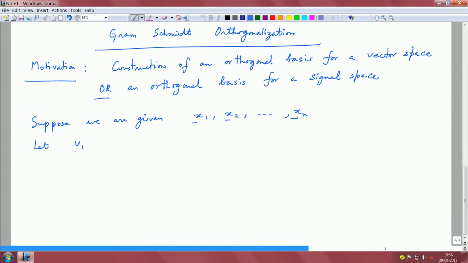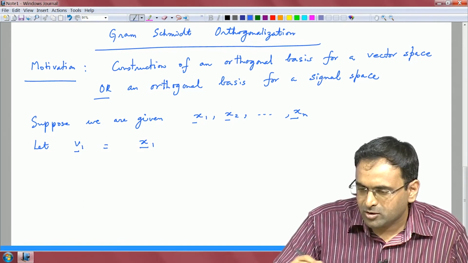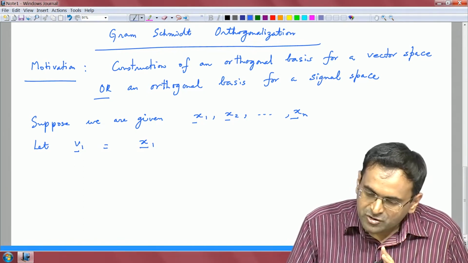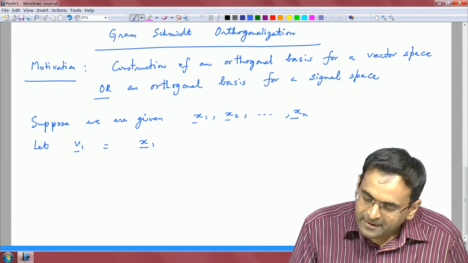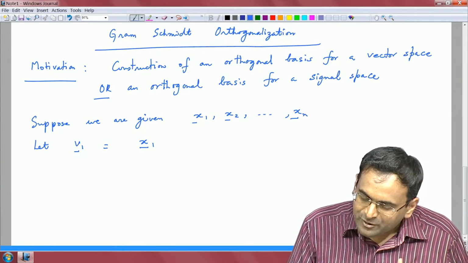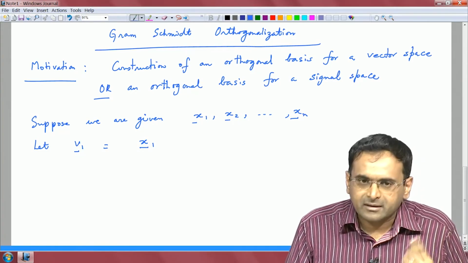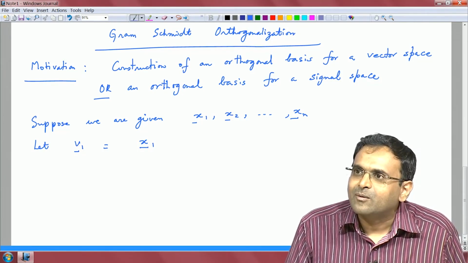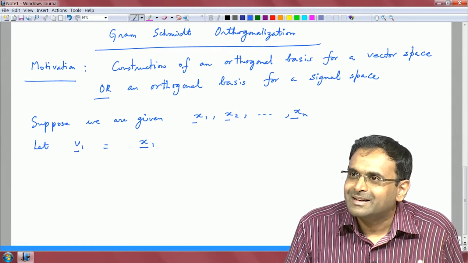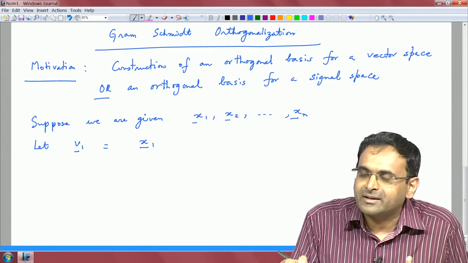Let V1 be x1. I will talk about normalization later on, but let us just think about orthogonality and get this intuition, and then think about this more rigorously. So, I give you one vector. What is the basis for that vector? Itself, there is nothing more. So, therefore, I can say V1 is x1.